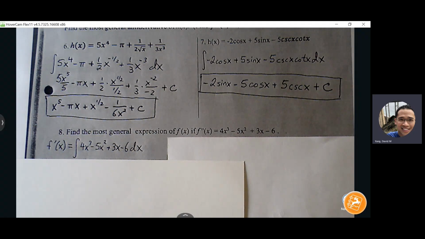For number 8, we start off indicating what we want to do.